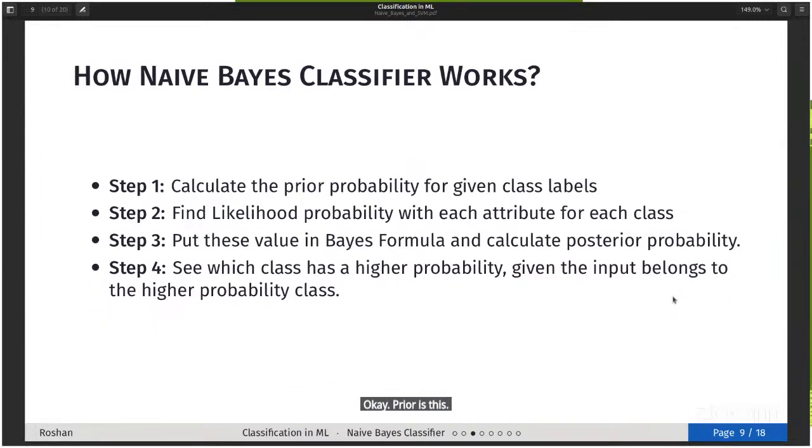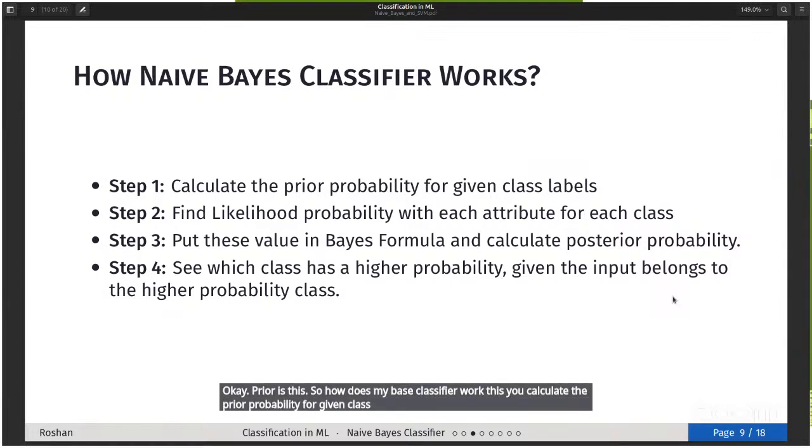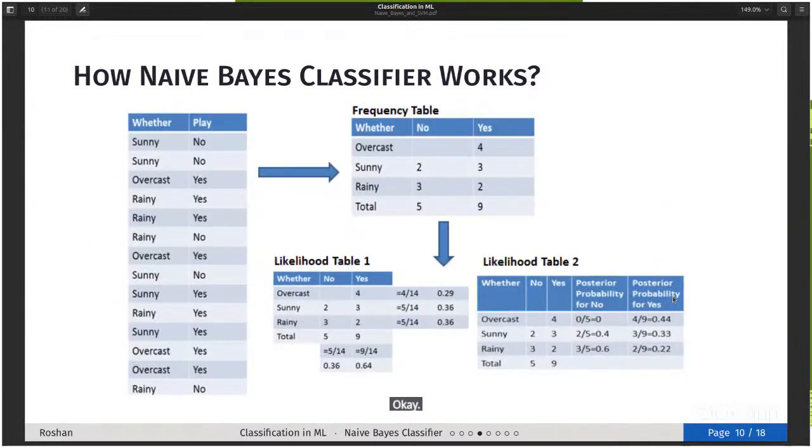So how does the naive-Bayes classifier work? You calculate the prior probability for given class labels, find the likelihood, calculate the posterior, and see which class has the highest probability. Let me explain how you calculate things.